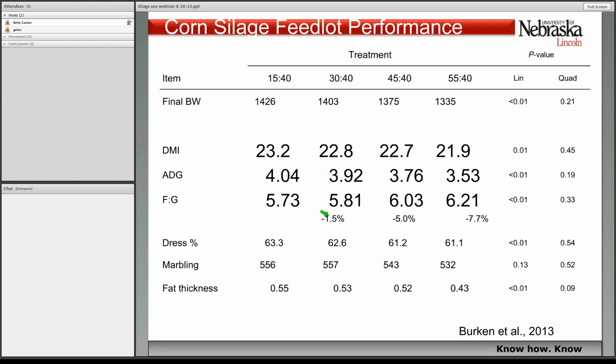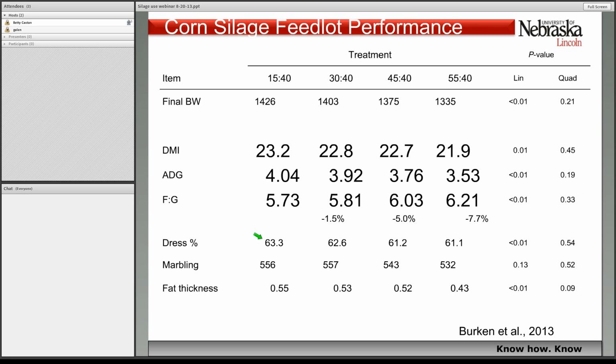Notice that it's about 1.5% poorer than 15% silage when you feed 30. It's about 5% poorer when you go to 45, and that drops off to almost 8% poorer than cattle fed a traditional level of roughage or silage for finishing.